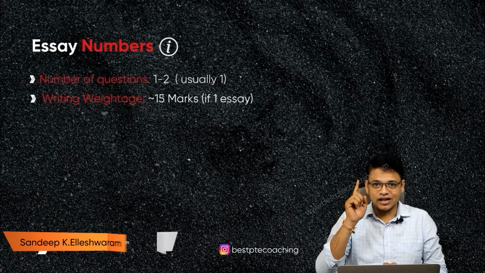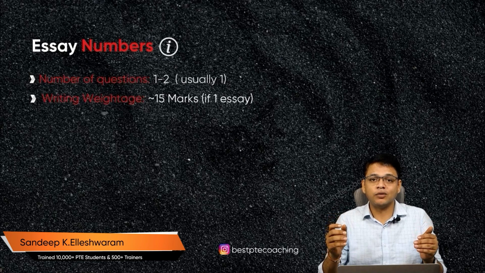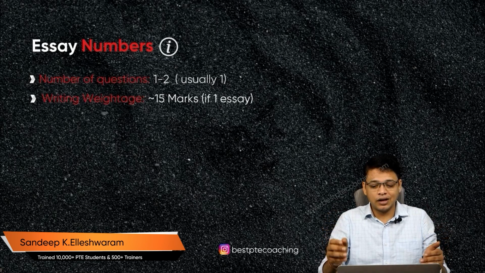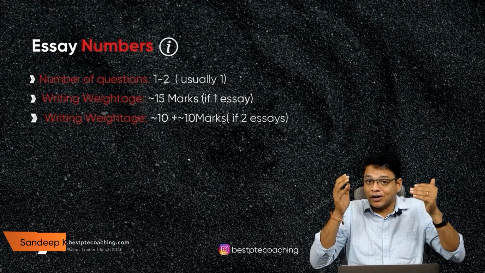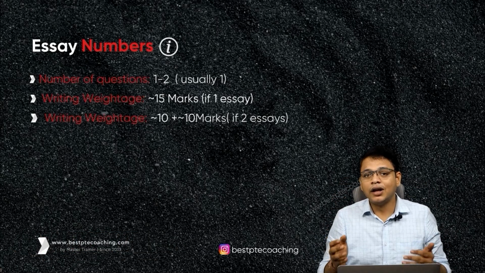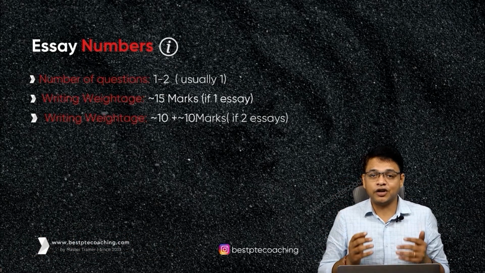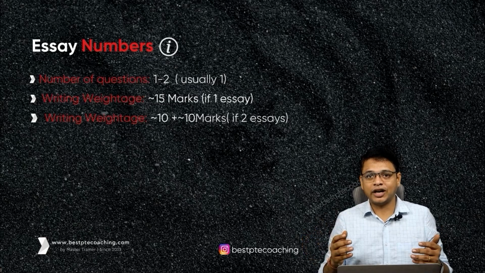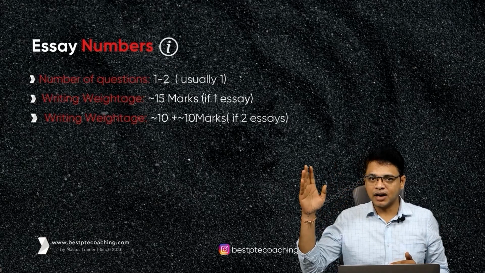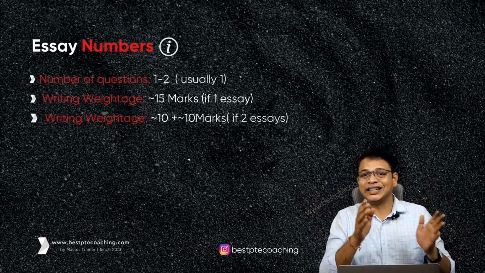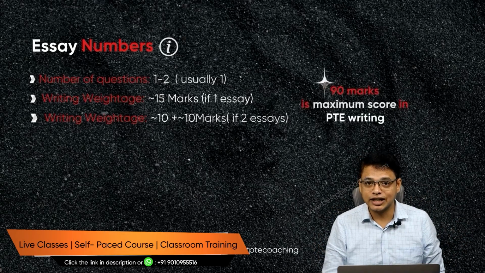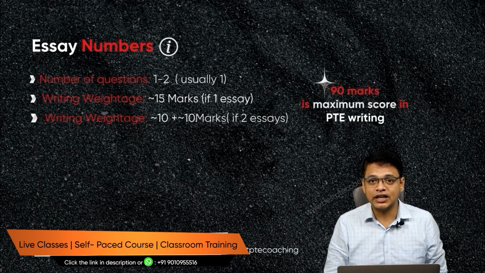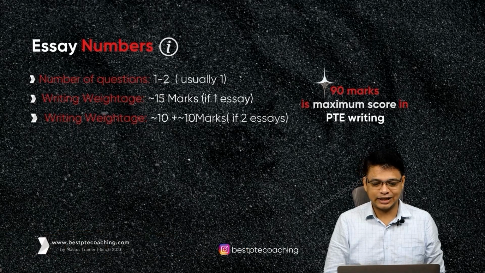However, if you are presented with 2 essays in the real test, the weightage of each essay gets reduced to 10 each. All right, 1 essay, 15 marks; 2 essays, 10 each. Please understand this. The maximum score you can achieve in writing is 90, and the contribution of the essay is approximately 15 to 20 marks.